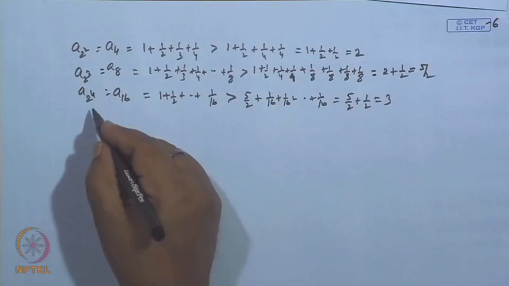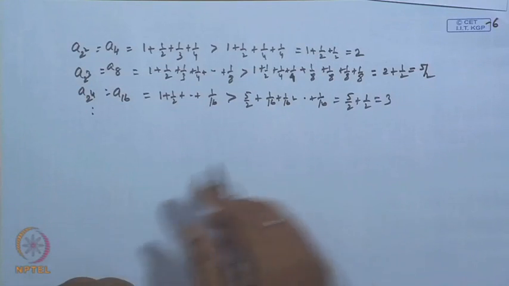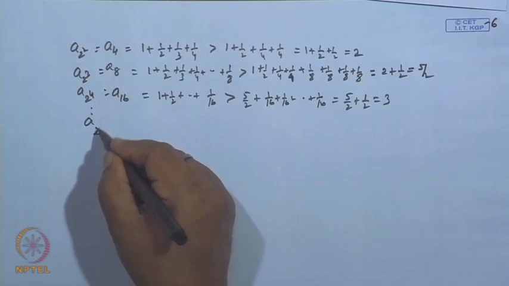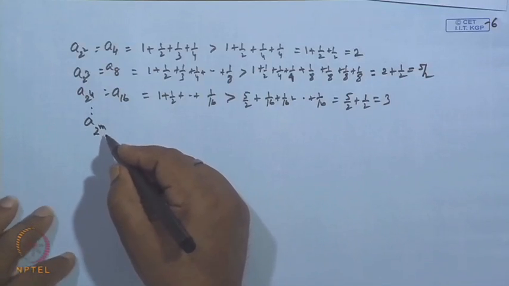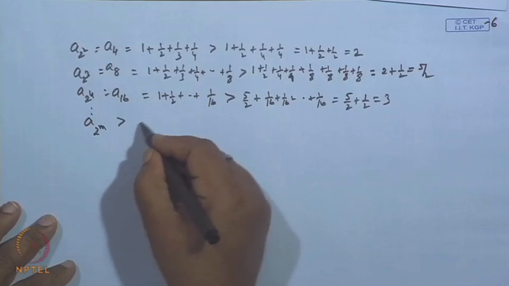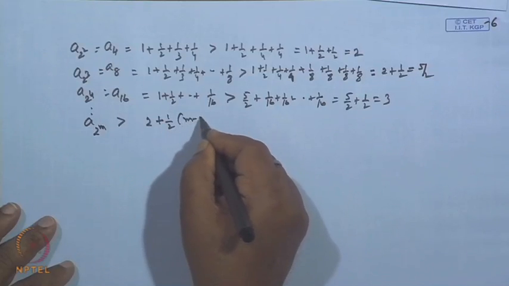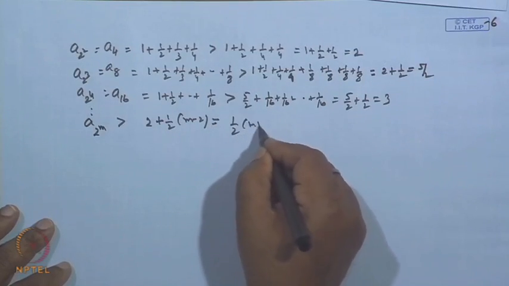So, like this, and continue this process, then what we get is if I take a to the power 2m, then we can say that this number is greater than 2 plus half m minus 2, that is equal to half m plus 2.